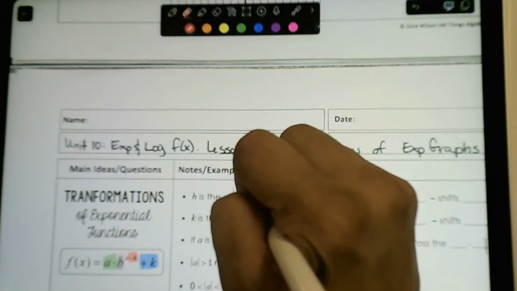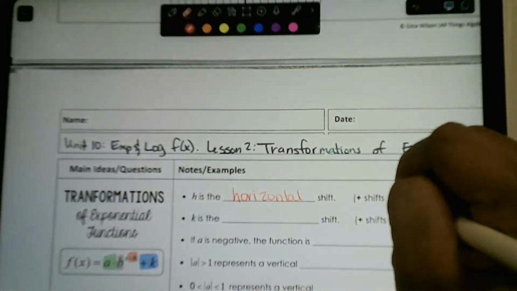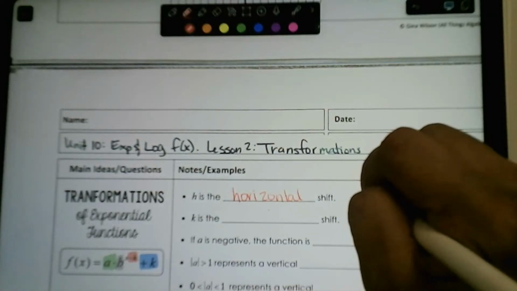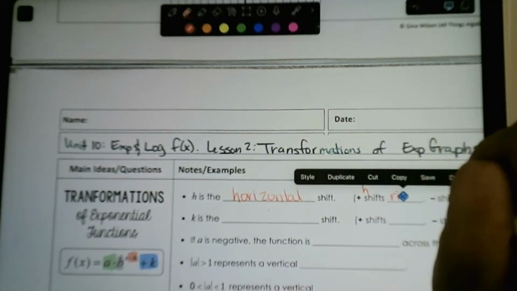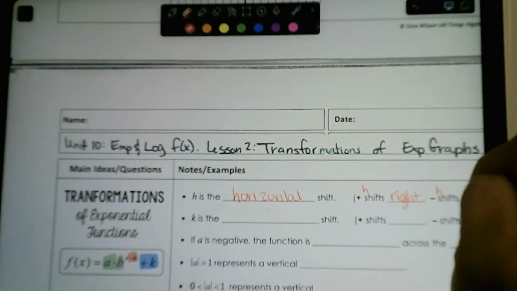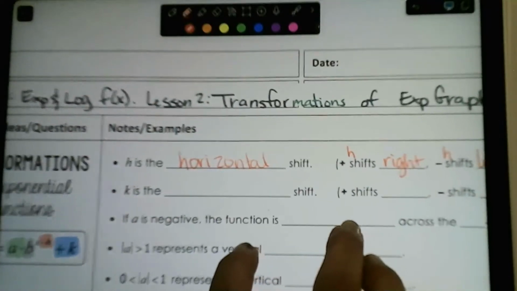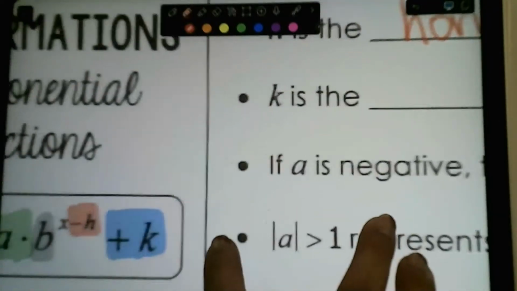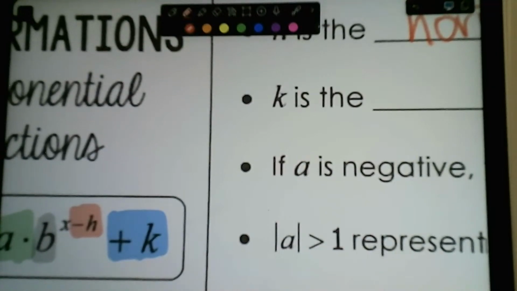Okay. So H is the horizontal shift. A positive H value shifts it to the right. A negative H value shifts it to the left. But notice when you plug it into that recipe, a positive H value will make your equation have a minus sign in there.